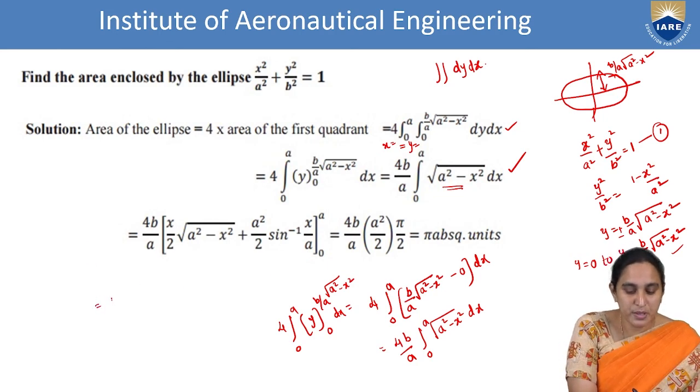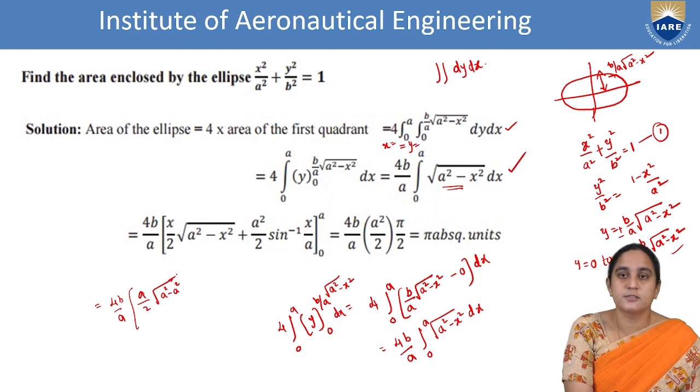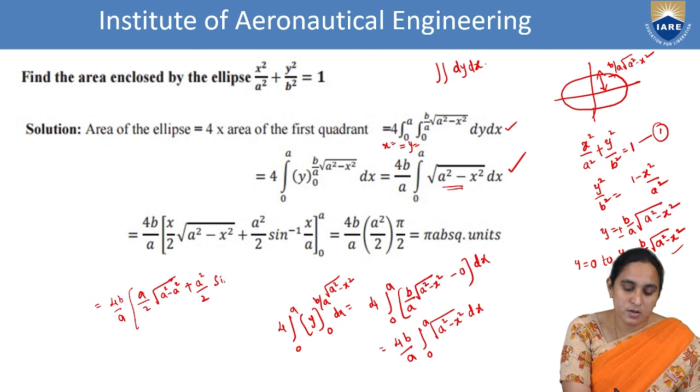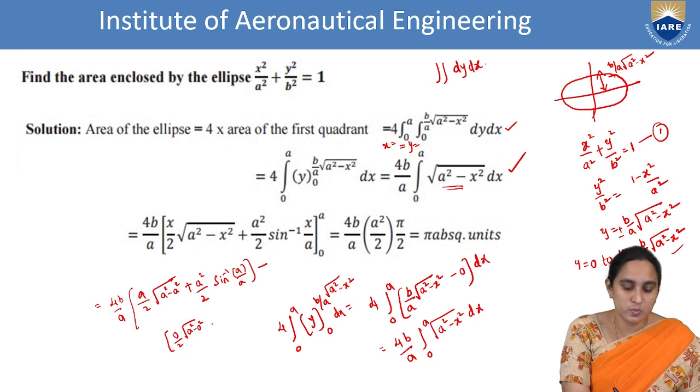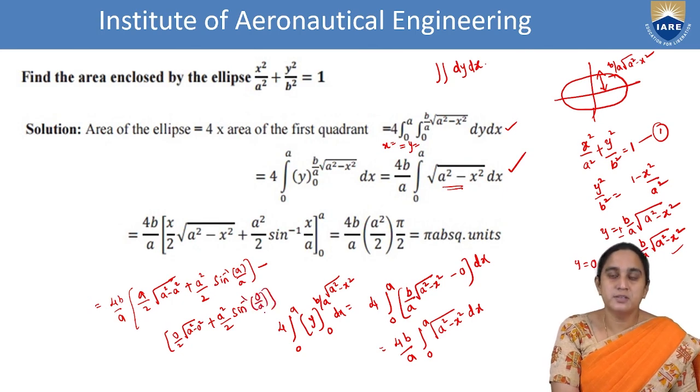That is 4b by a into upper point of x as a by 2 root a square minus a square plus a square by 2 into sine inverse of a by a, minus, continuing the step, the lower point as 0: 0 by 2 into root of a square minus 0 square plus a square by 2 into sine inverse of 0 by a.